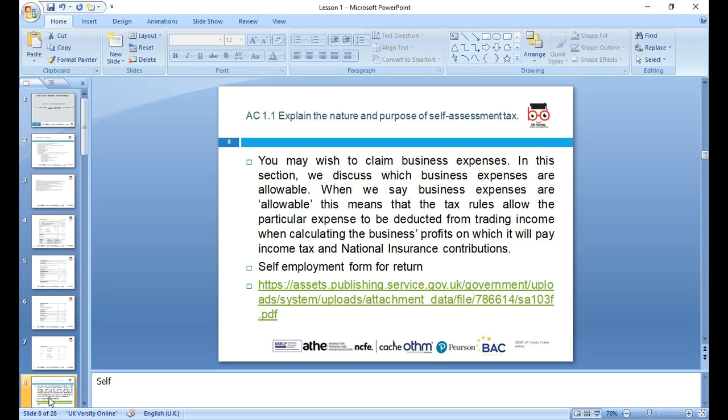HMRC can ask us. NI contribution we have to pay, and I copied the link so you can look around the form as well, which we'll go through in the next LO.